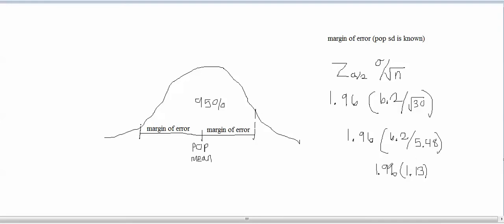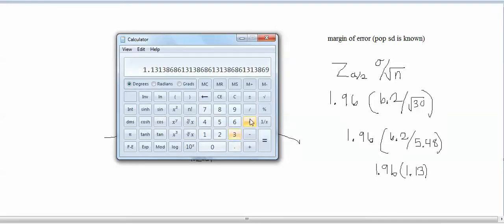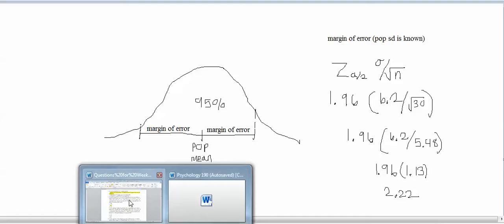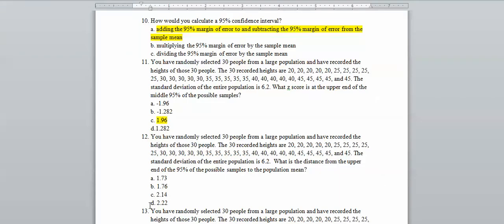Multiply that by our z-score of 1.96. We get about 2.22 rounded. That's our margin of error. So it's choice D.